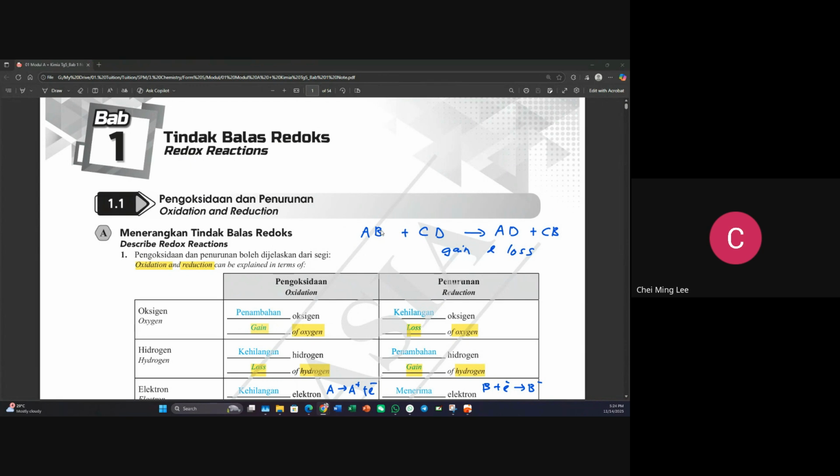So this means that in a redox reaction, oxidation and reduction come together. Like from here, A undergoes oxidation. Then B will receive, which is reduction. So 它是一起的，as long as it's redox, oxidation and reduction occur together.